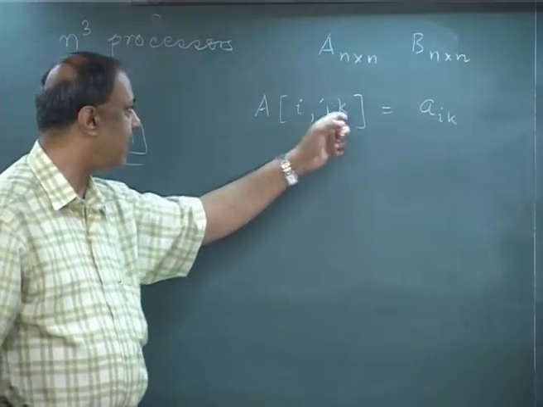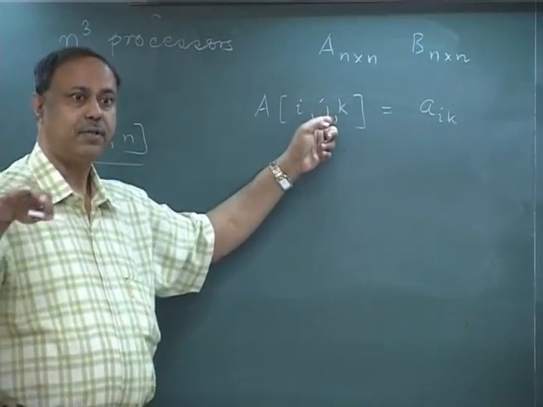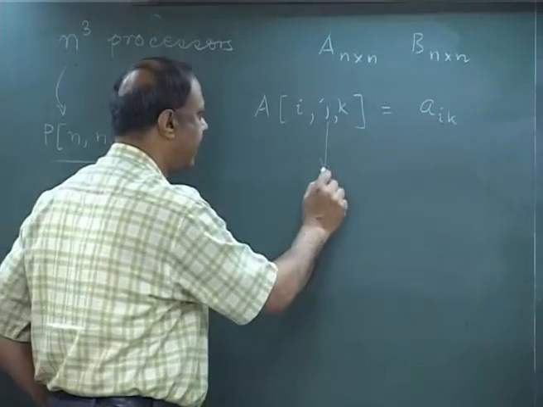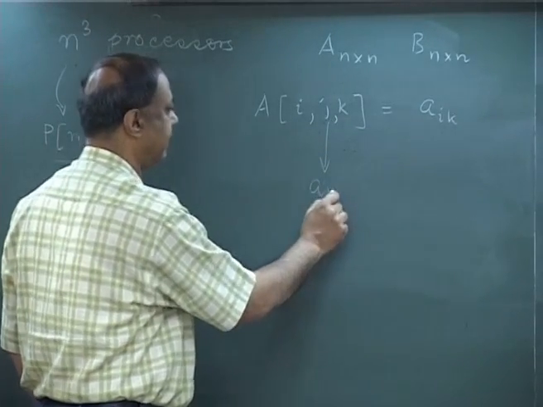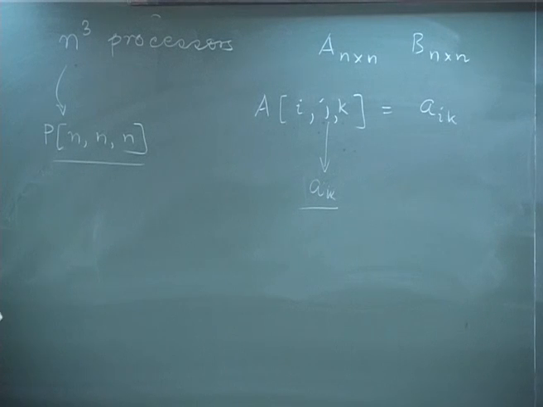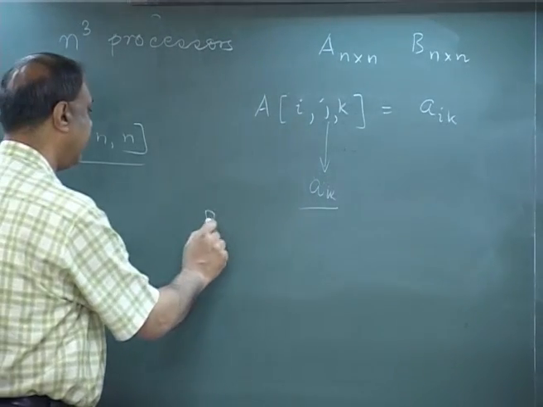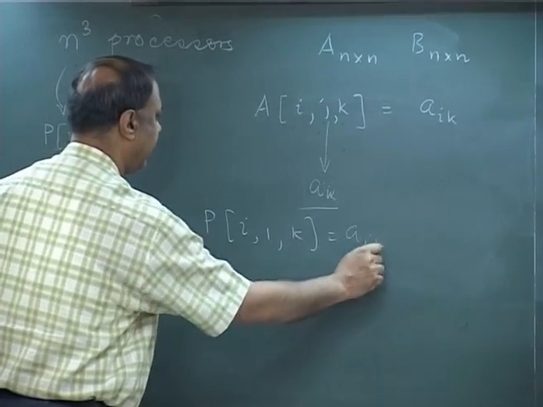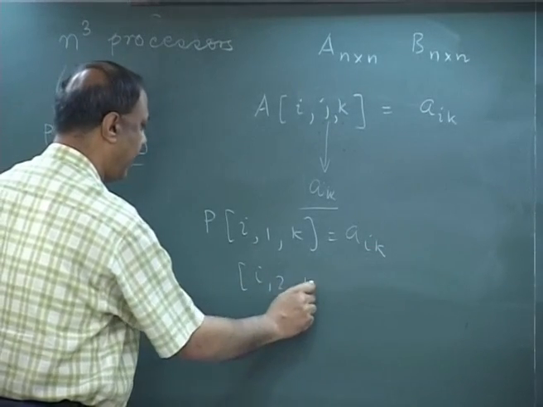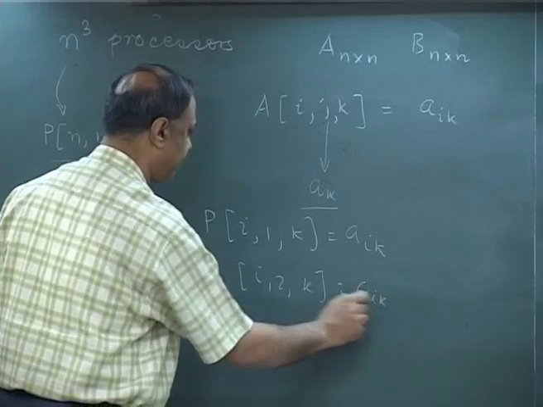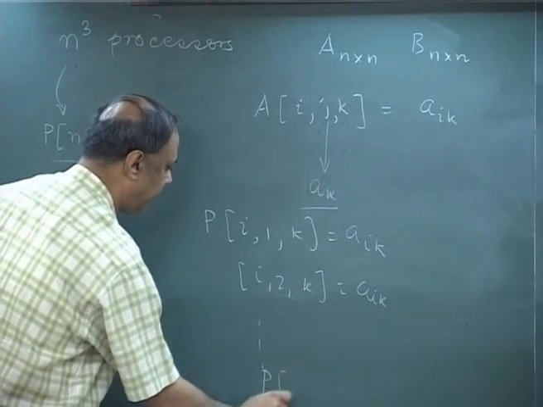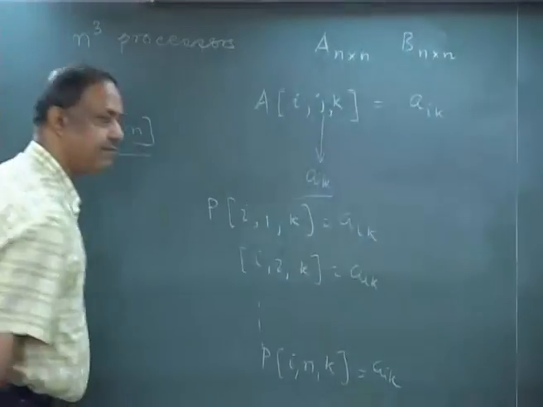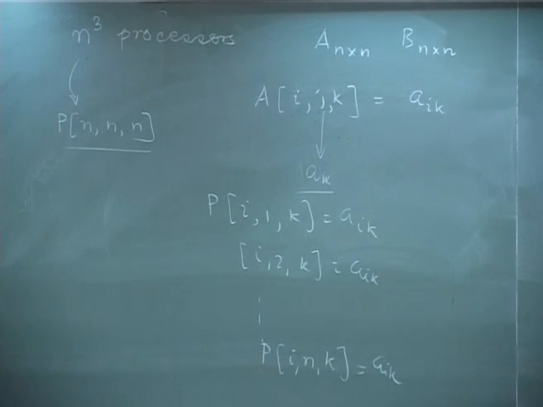For all Aik, I have broadcasted that. Is it clear? That for every j, you have Aik. That is, P(i,1,k) has Aik, P(i,2,k) also has Aik, and so on, P(i,n,k) also has Aik. By some bits, how, we will discuss later.